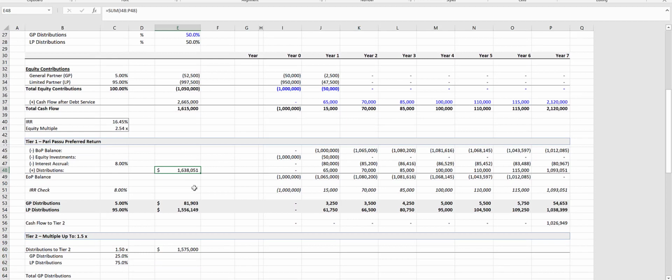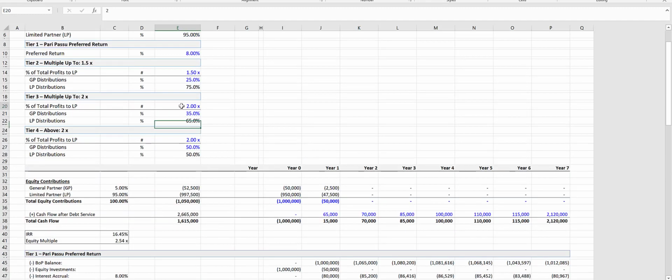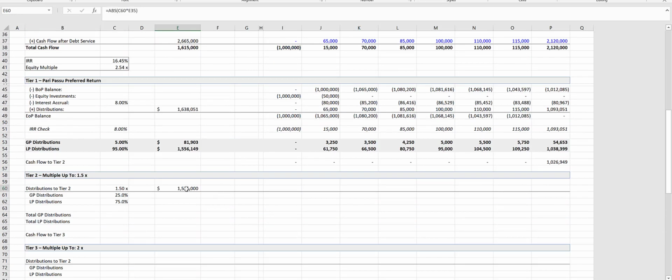But you'll see up here we've already distributed $1,638,000 right here in the deal. So that already exceeds tier 2 because this took a while and we needed all this cash flow to achieve an 8% IRR over the course of 7 years. So this is going to end up being 0, but we're going to fill this out and then we'll go back at the end and we'll tweak the equity multiples to have this fill out properly.